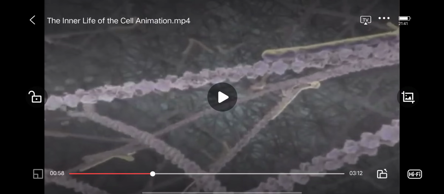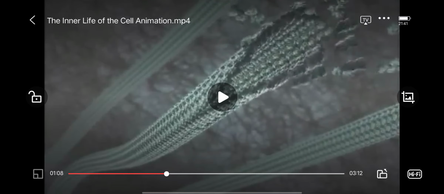You can see the actin molecules forming a cytoskeletal structure inside the cell. These are microtubules forming rod-like structures inside the cell.